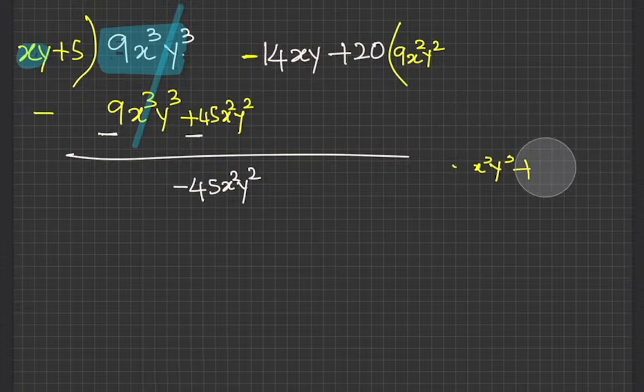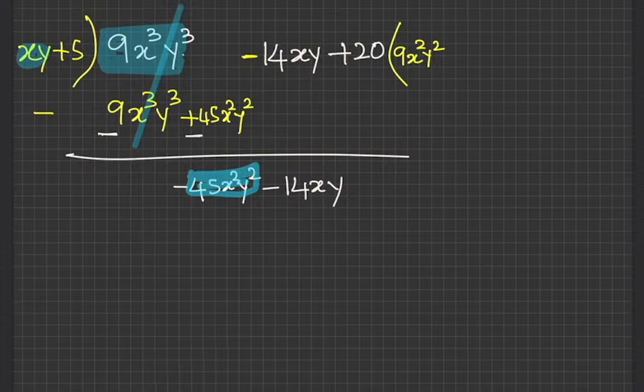Now I'm going to bring down negative 14xy, right? So I'm going to divide 45x squared y squared by xy.